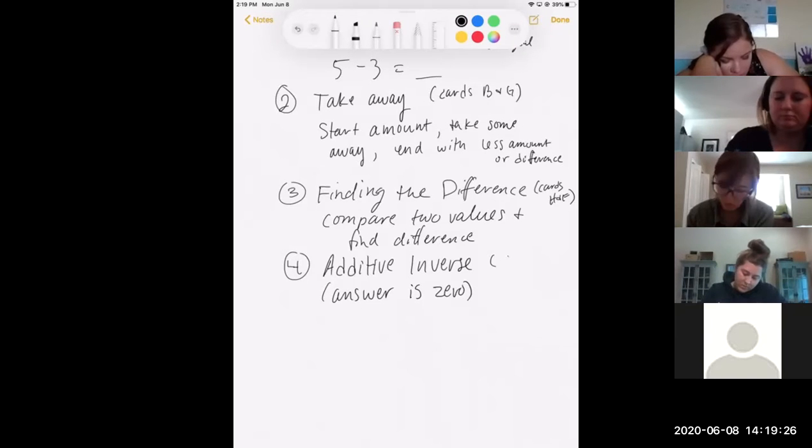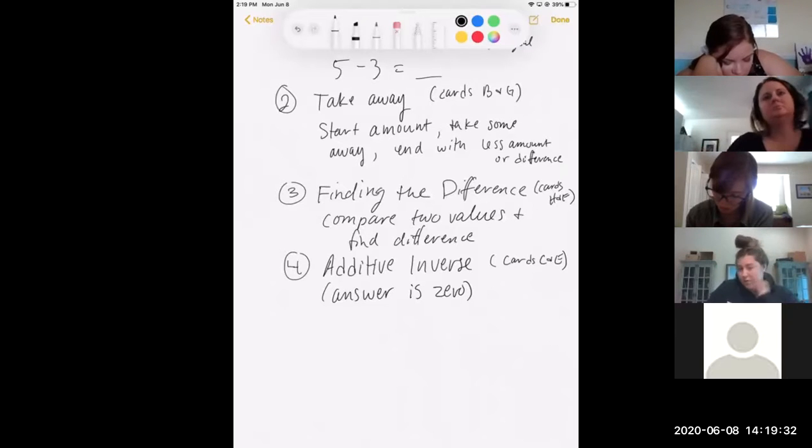So those are cards C and E. The answer is 0. So you have a certain amount, but you give all of it away.